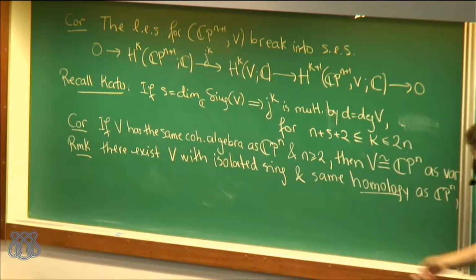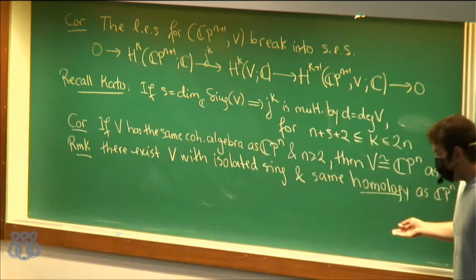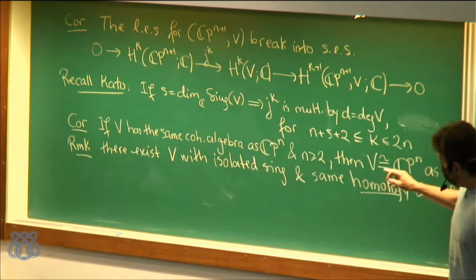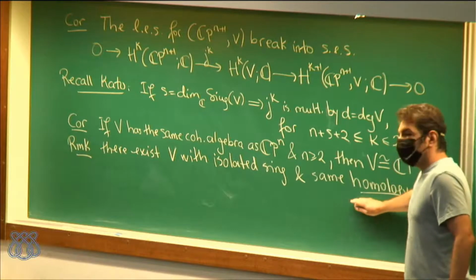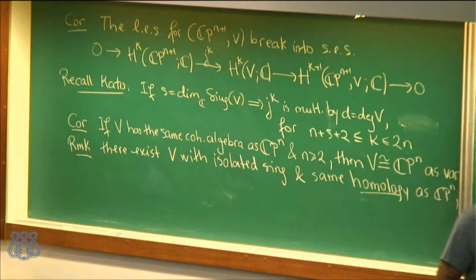But of course, since V has isolated singularities, it cannot be isomorphic to CPN. The catch is that here I'm only asking for the same homology, which is much weaker than the cohomology algebra.